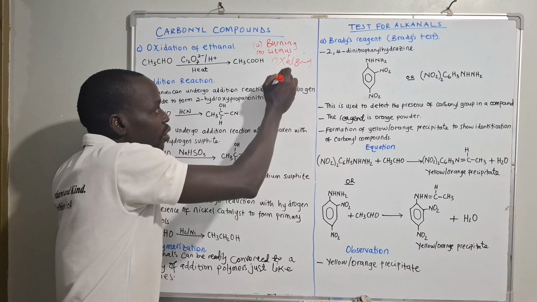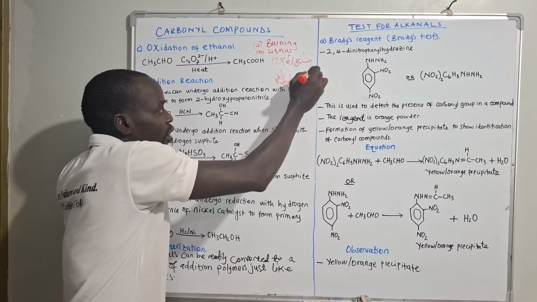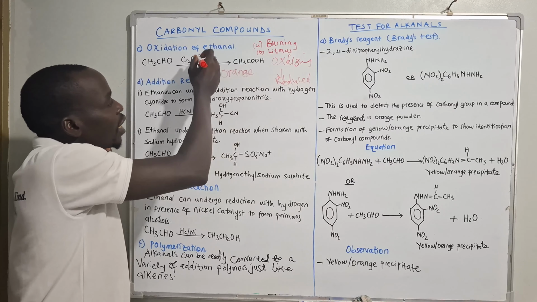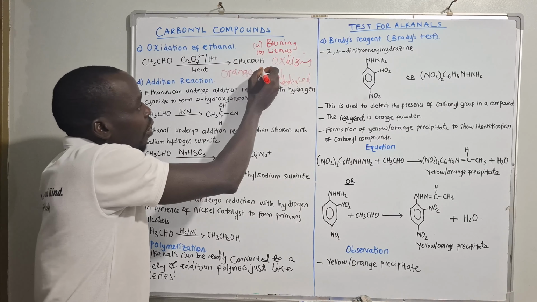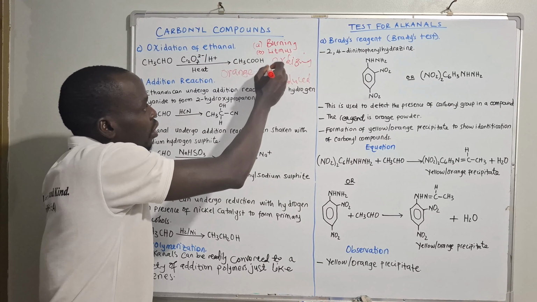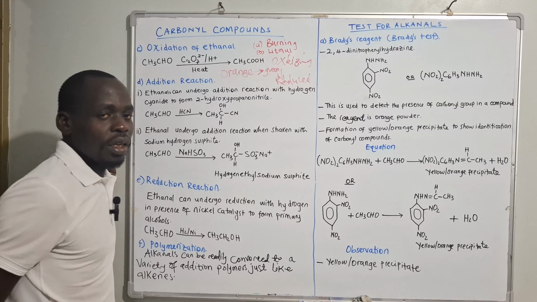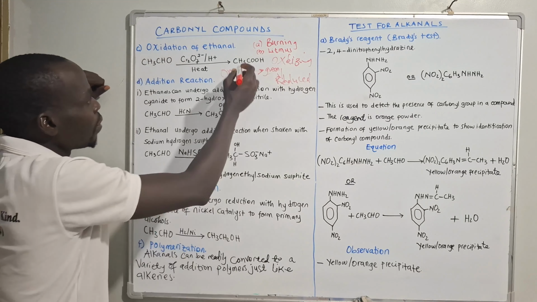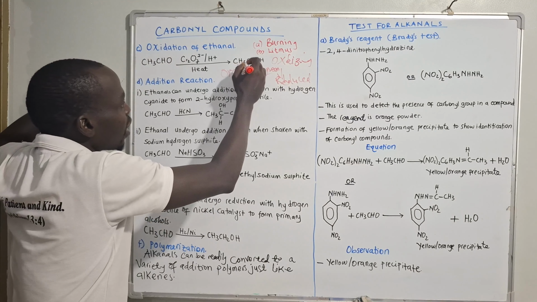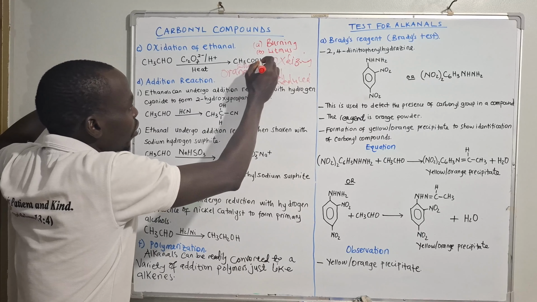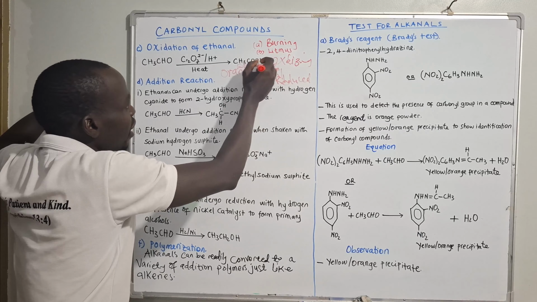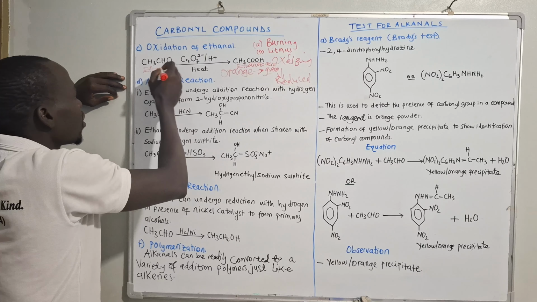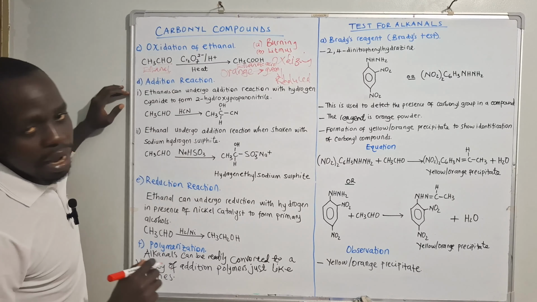So the original orange color of this reagent will turn green, and that is the observation. So this is the equation. When I get my ethanal, I will form ethanoic acid, because of this functional group, the aldehyde.